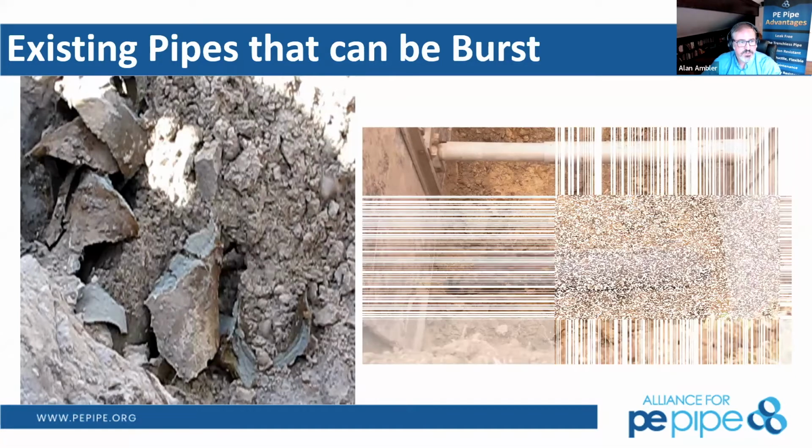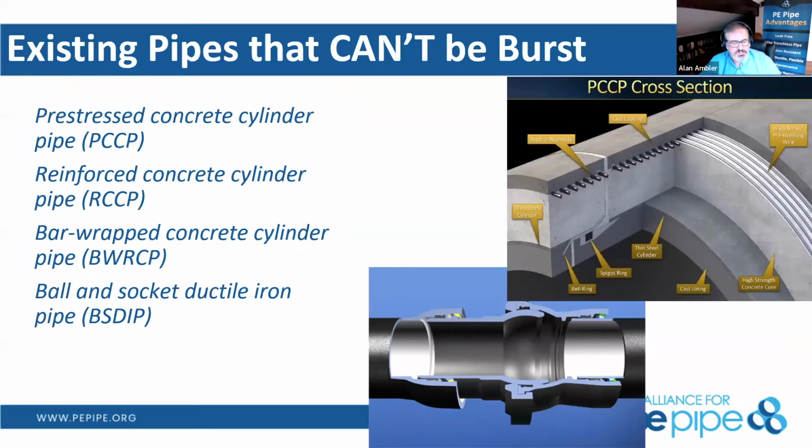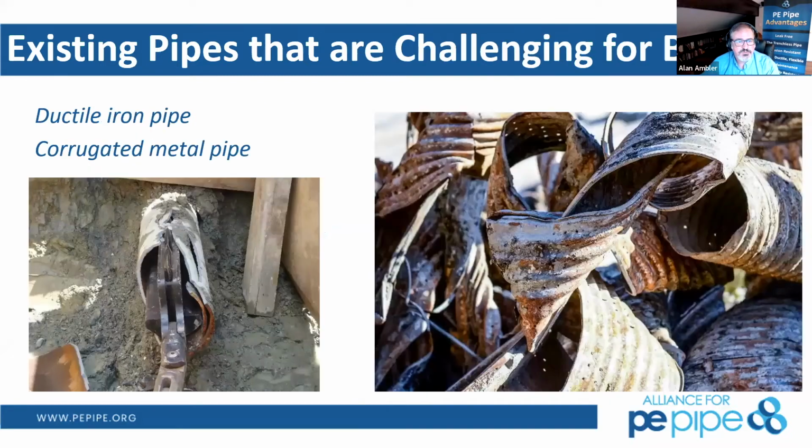So, keep going. Existing pipe materials that cannot be burst are going to be a multiple piece pipe material such as a pre-stressed concrete cylinder pipe or a heavily reinforced pipe that has multiple pieces that work together to provide the strength of that pipe as we go through. Ball and socket ductile iron pipe is also a reinforced joint in that manner that cannot be burst through.